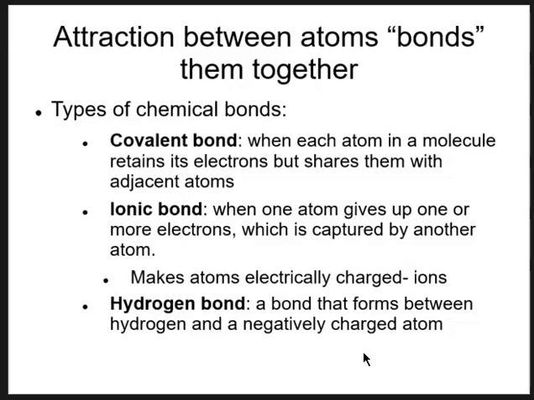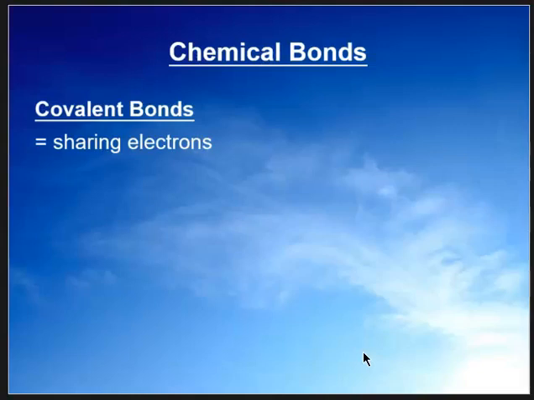That hydrogen ends up being positively charged because it's so small that the other atom tends to pull its electron away from it, and therefore that makes it positively charged, and it can attach to a negatively charged atom in that way. And we'll talk more about this because that is how water molecules attach to each other, by way of hydrogen bonds. Okay, so let's look at these three bonds with some examples. A covalent bond, again, is where you have atoms that are sharing electrons.